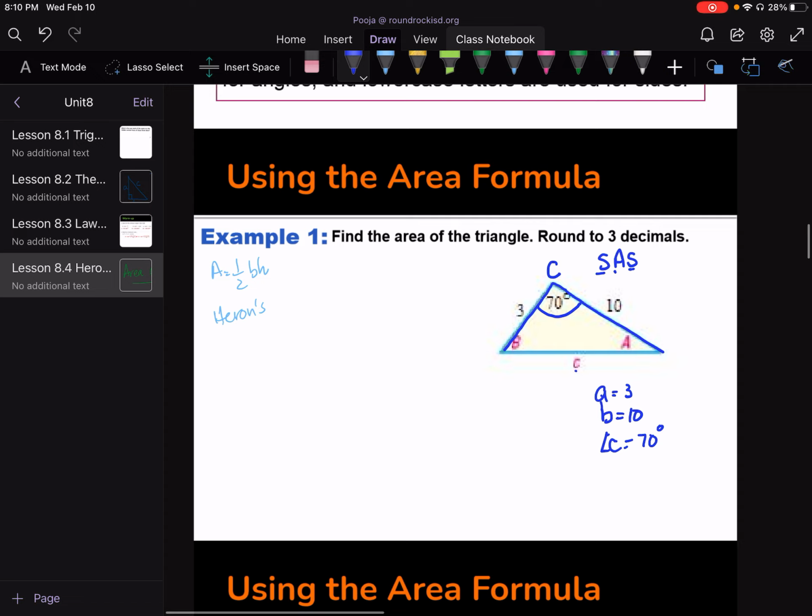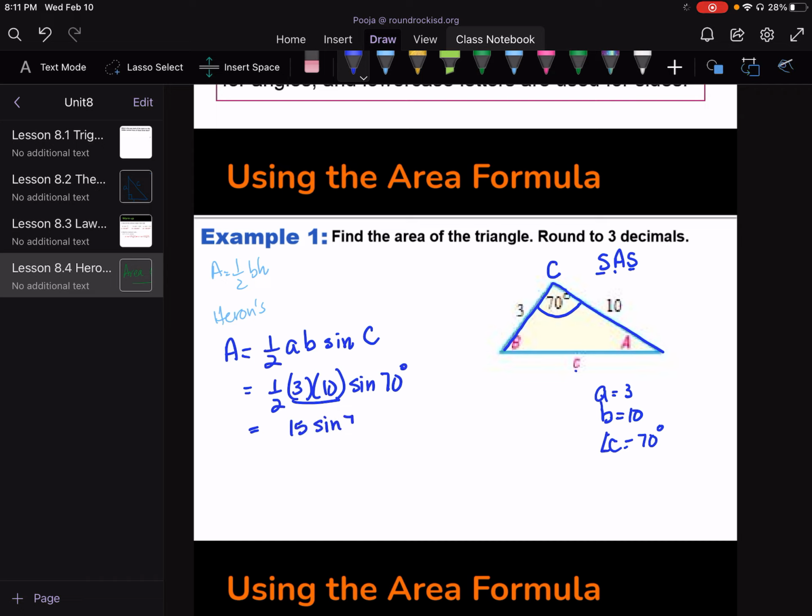All right, since I know A, B, and angle C, we are going to use the formula, which is half times the product of the two given sides times sine of the included angle, which will be C. We'll start substituting. This is 30, half is 15, times sine of 70 degrees.